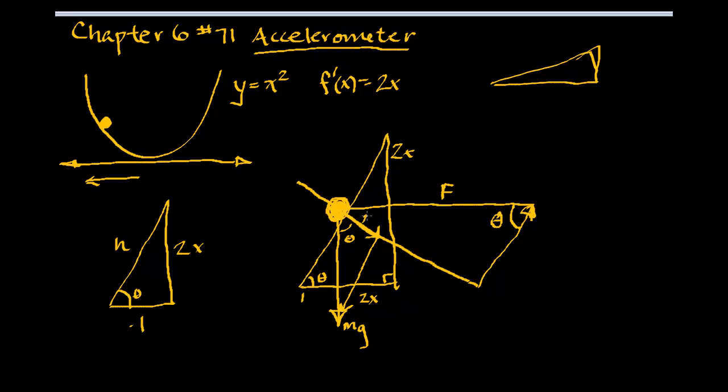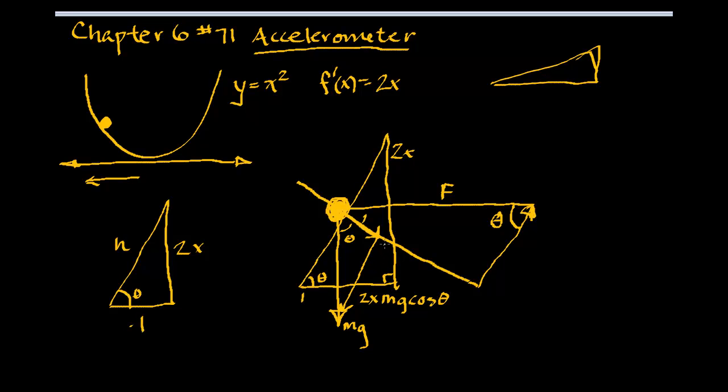So whatever I do to this side, I have to do to this side. Well, what is this component vector? It is mg cosine theta. We know that from all the other problems that we've done in this chapter. So if I multiply 1 times mg cosine theta, then this side is 2x times mg cosine theta.